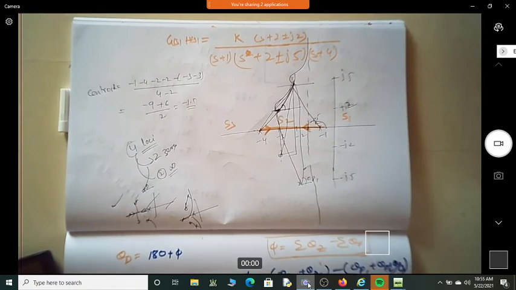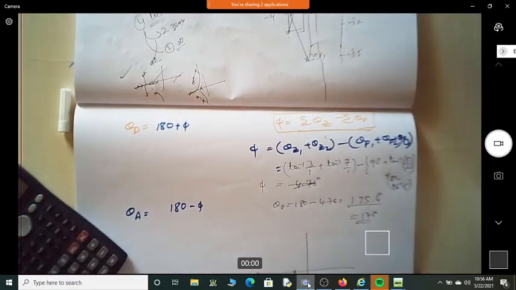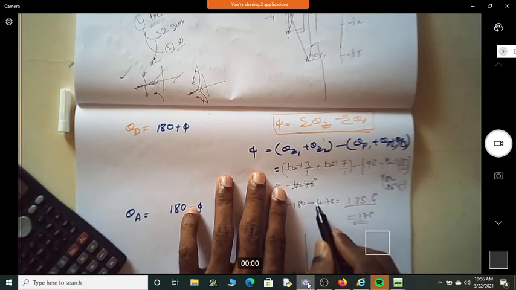It's actually 180 minus tan inverse of 5.